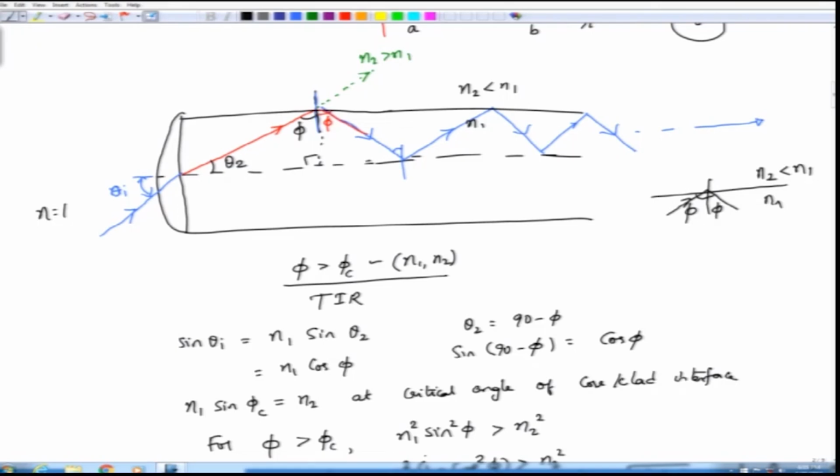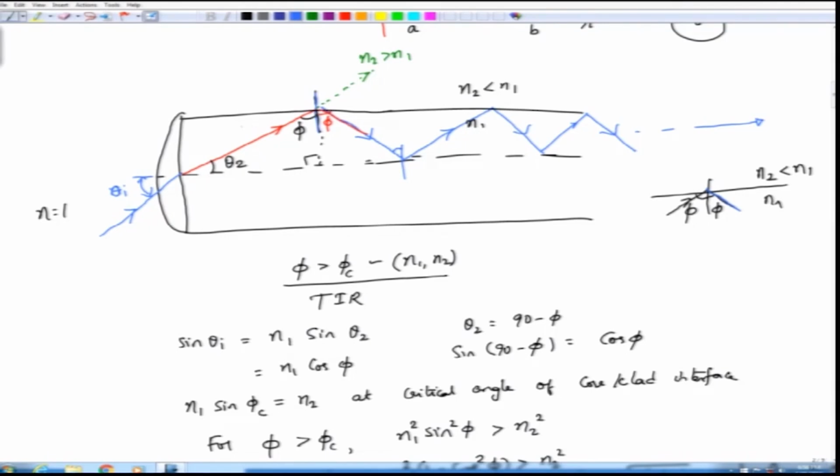This is the simple reflection because of the interface between two media. When total internal reflection happens, the reflected ray will be at the same angle phi. This is of course the first Snell's law. So, when the angle of incidence is phi, the angle of reflection will also be phi.